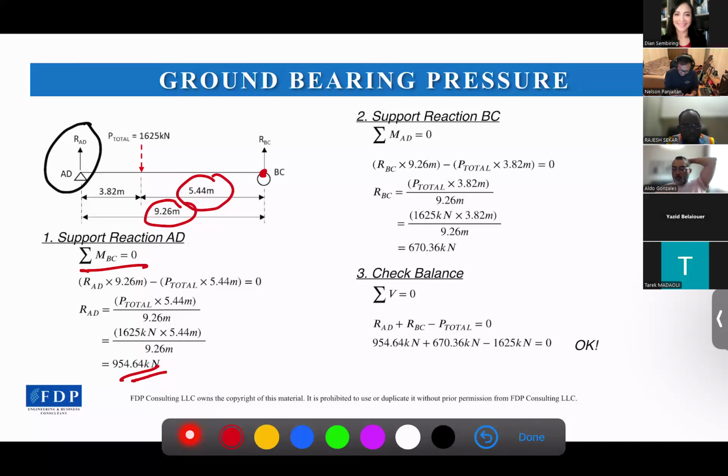It will be RAD times 9.26 meters, the distance to the BC, minus P total times 5.44 meters, the distance from the P total to the BC.